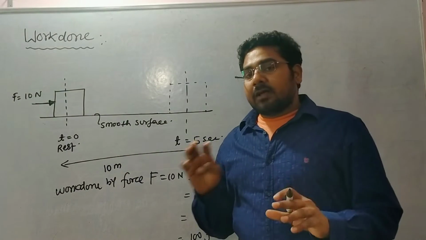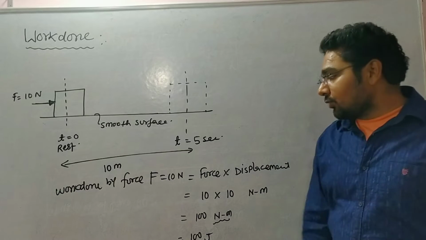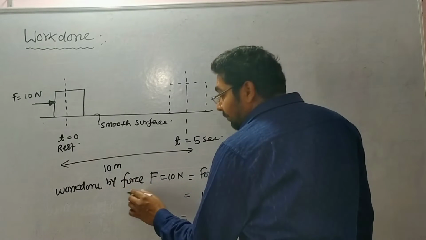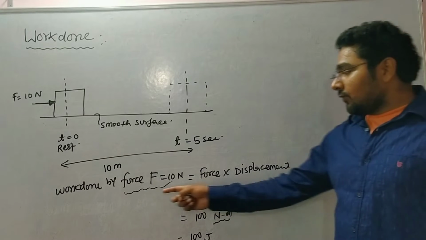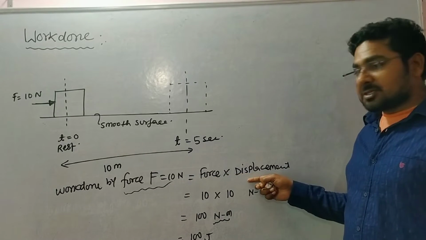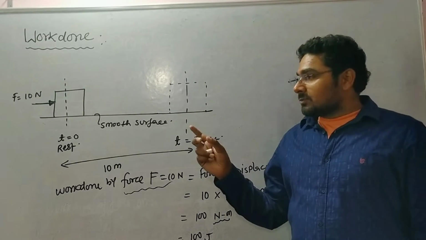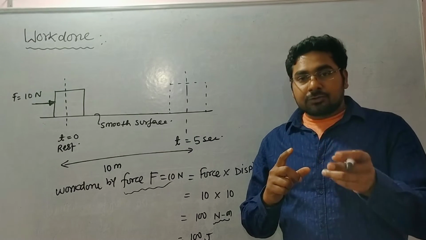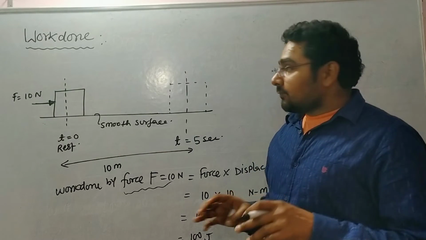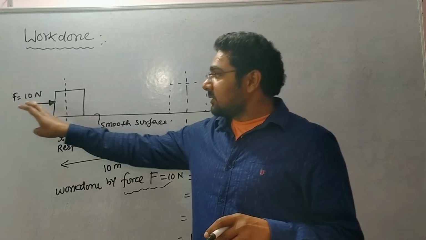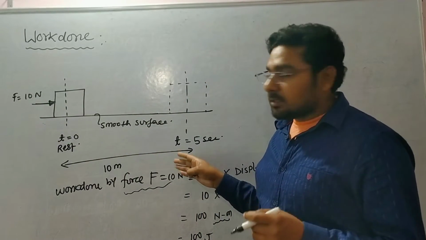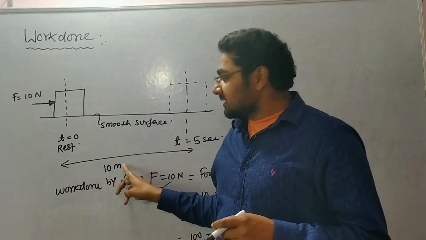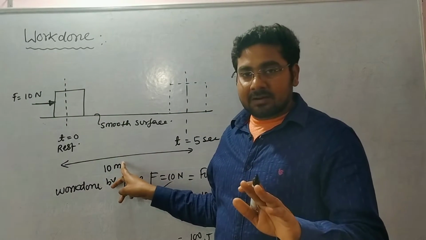What we conclude here is that work is done by a force. So this is the force and this is the displacement. If we apply a force on a certain body, the result of that force is seen as displacement. So this force is displacing this object by 10 meter.